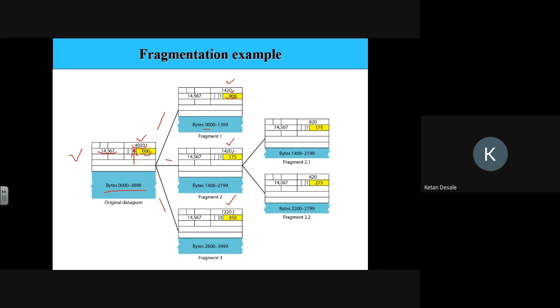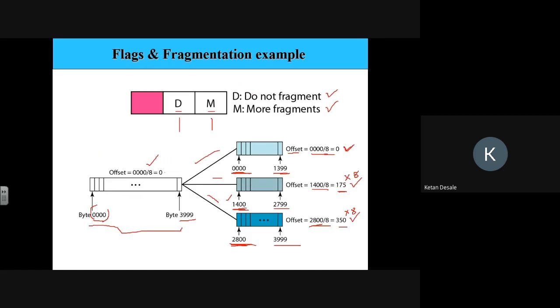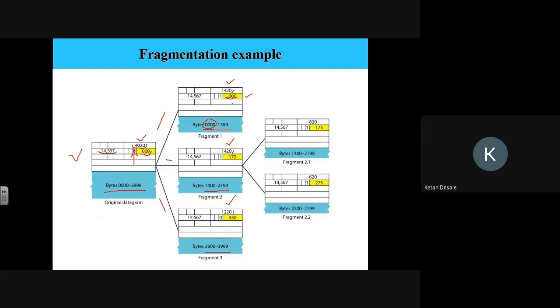These sizes are offsets 0 to 1399, first 1400, then the remaining ones. If I take the first value and divide it by 8, as I mentioned earlier, I get these values: 0, 175 and 350, after dividing by 8. The same values are over here: 0, 175 and 350.